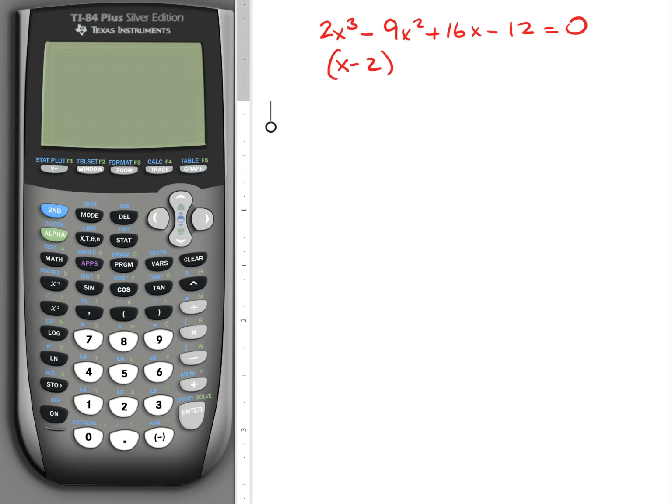So basically, to get this into a quadratic, we can do synthetic division. We can do x minus 2 and divide that into 2x cubed minus 9x squared plus 16x minus 12.